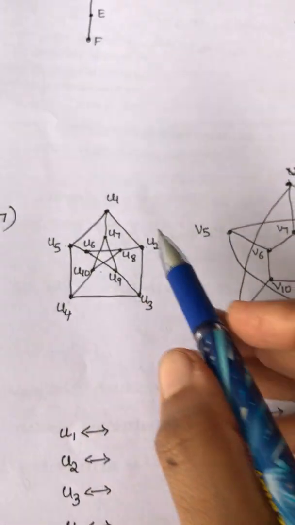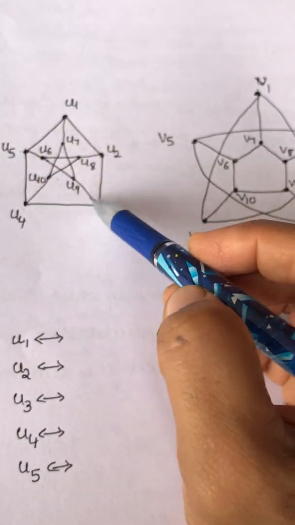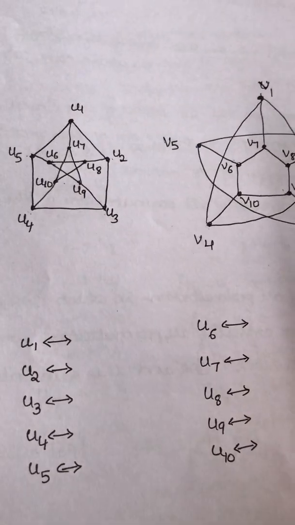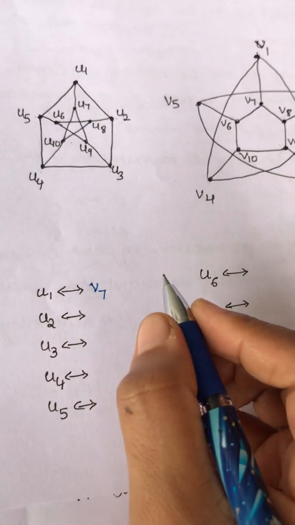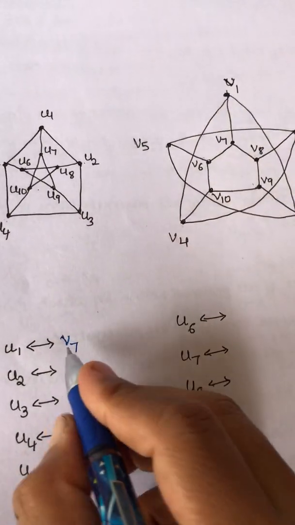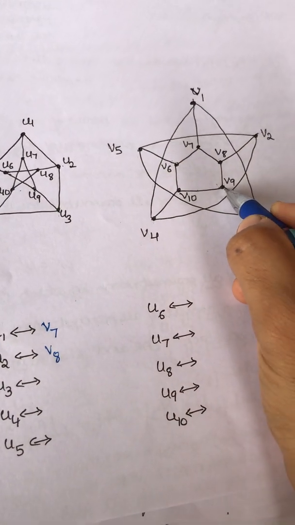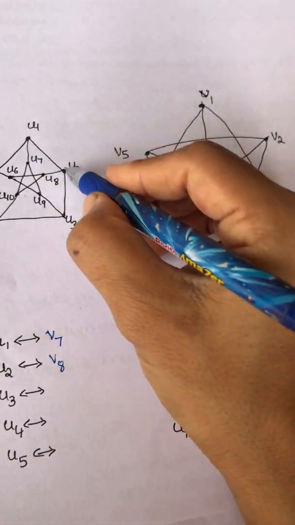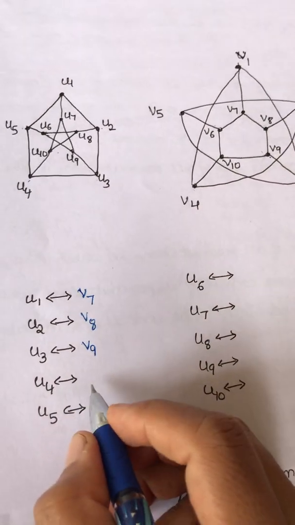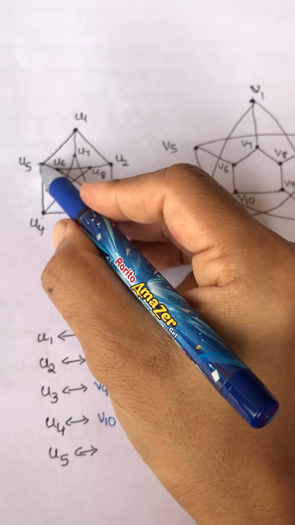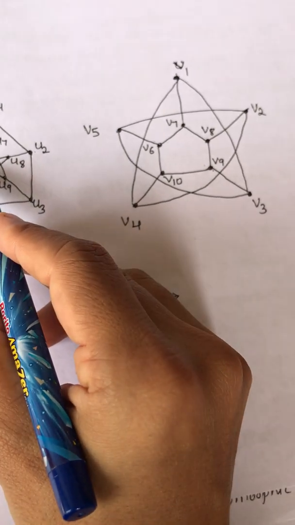Let's see. As I said, actually we can do the mapping in many ways. The easiest way is keeping this outside structure inside. So, what we can do now? Map U1 to V7. Then U2 is V8. Then U3 is V9, then U4 is V10, and then U5 is V6, and then U6 is here.